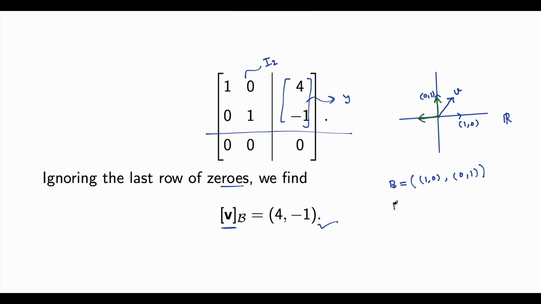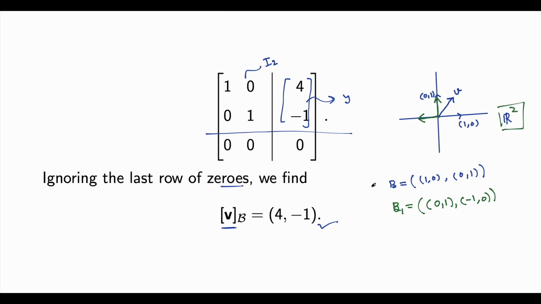Another basis is, let's say, this and this. So what is the basis now? B1, I can say, an ordered basis. The first vector will be (0, 1), and the second vector will be (-1, 0). So this is another basis for R2, the plane.